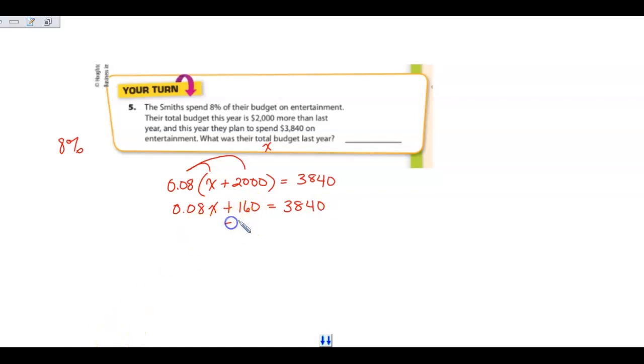Now we're ready to get rid of the 160 by subtraction. So we're going to subtract it from both sides. As always, it's important to maintain your balance. So we have 3,840 minus 160, and that gives us 3,680.